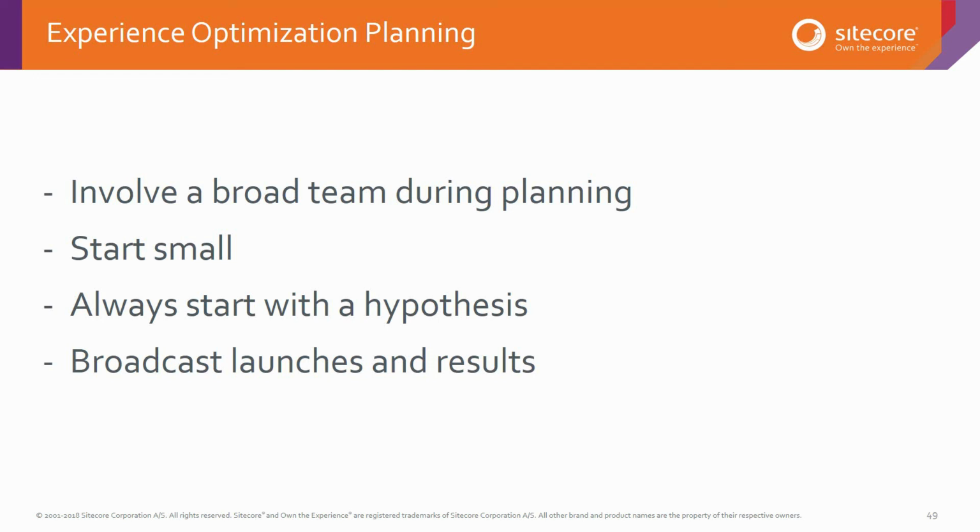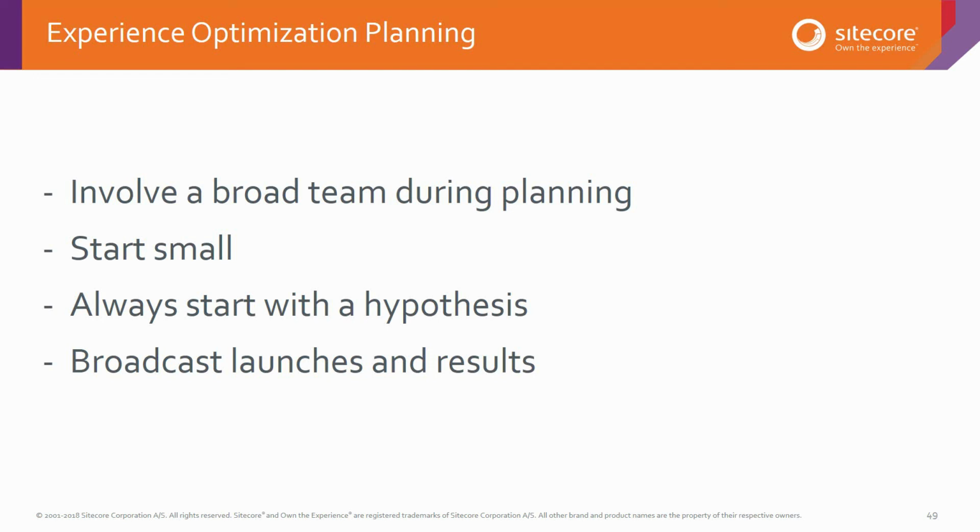Always start with a hypothesis. Remember to form this hypothesis before you launch the test to clearly identify which goal you're trying to improve and choose those success metrics carefully. And finally, broadcast test launches and the results. Once you've formalized your hypothesis and you click that Start Test button, you could send an email to the entire context marketing team or use maybe a dedicated Slack or Teams channel.